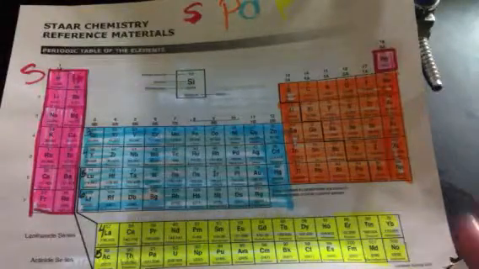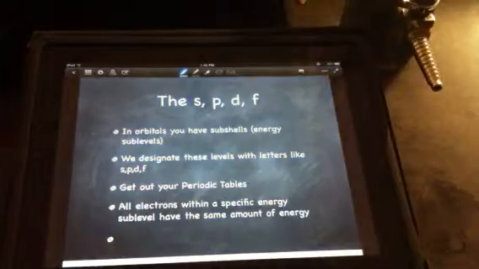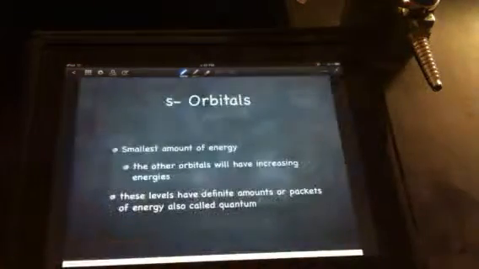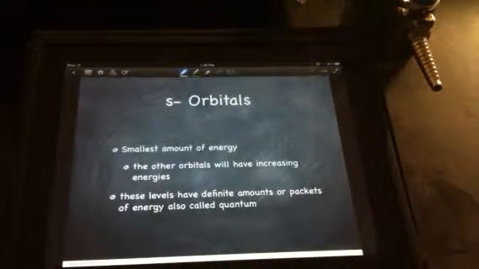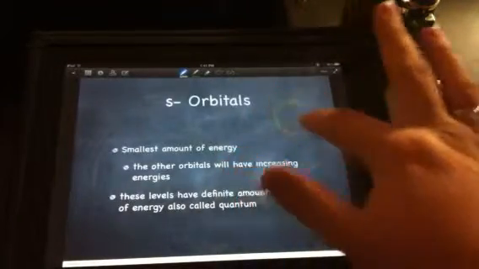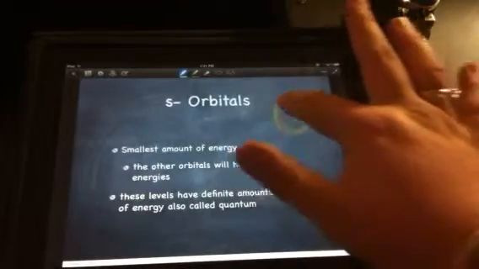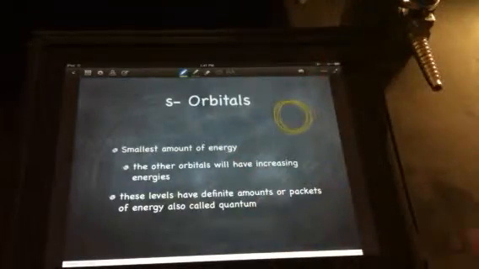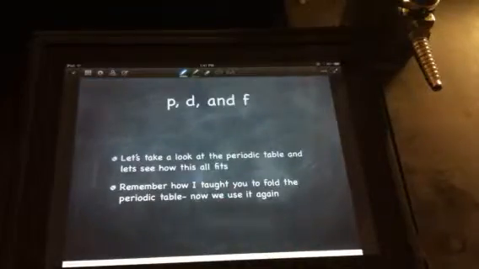Okay? You're welcome to put that on there. All right. S orbital has the smallest amount of energy, and we call them spherical. They look spherical. Okay? They're the very basic one we have to do with. Then we have the P, D, and F. Okay?